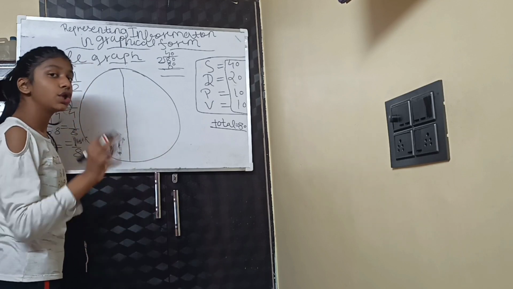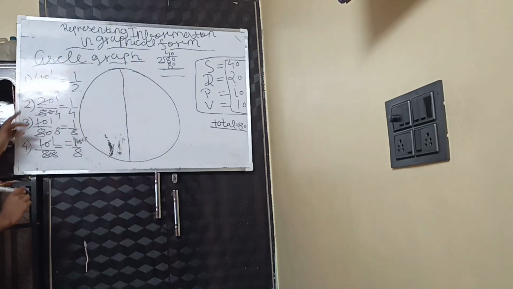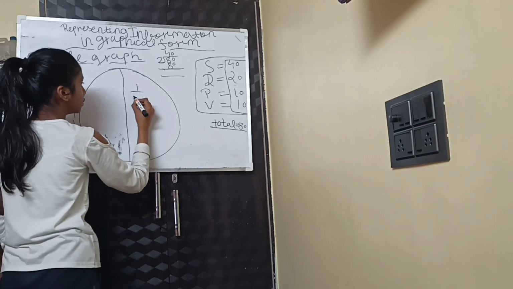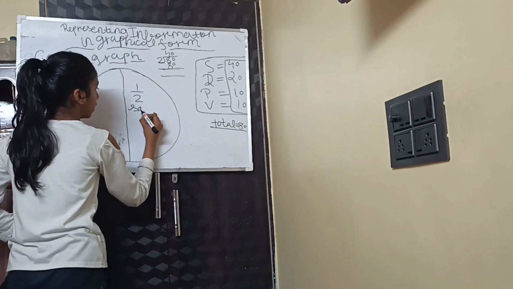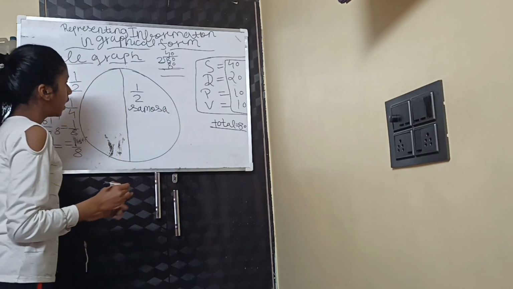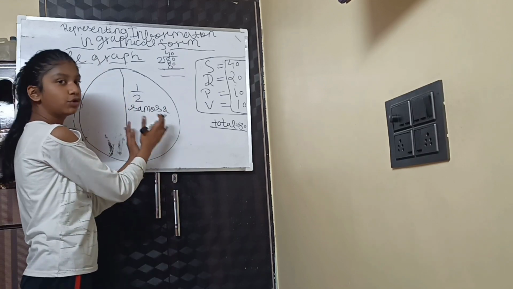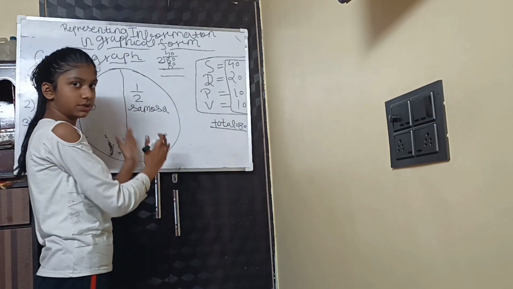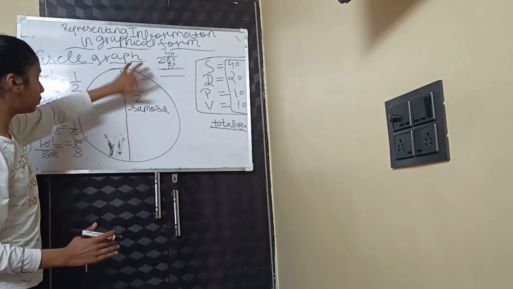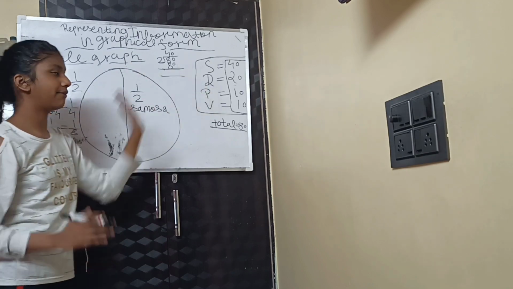Now after this, you have to see the fraction of 40 upon 80 which we have done, which was 1 upon 2. So we write here 1 upon 2 and down below we write samosa. So samosa is done.